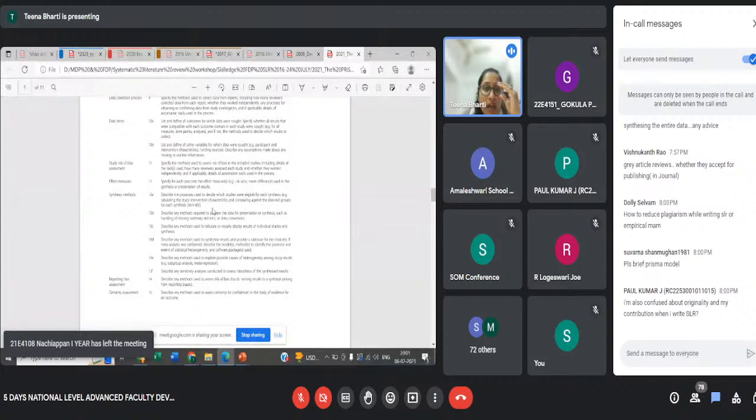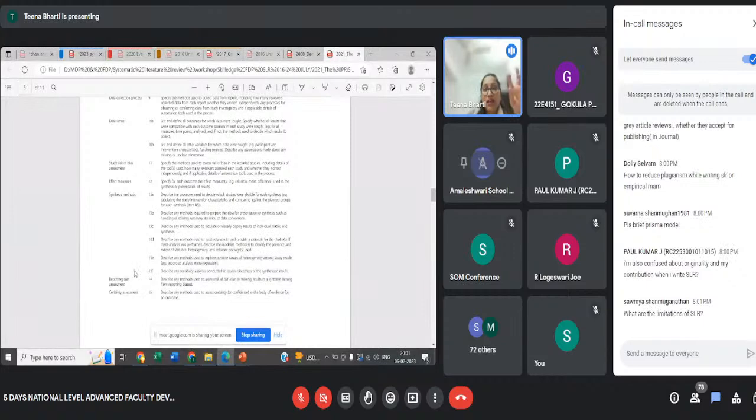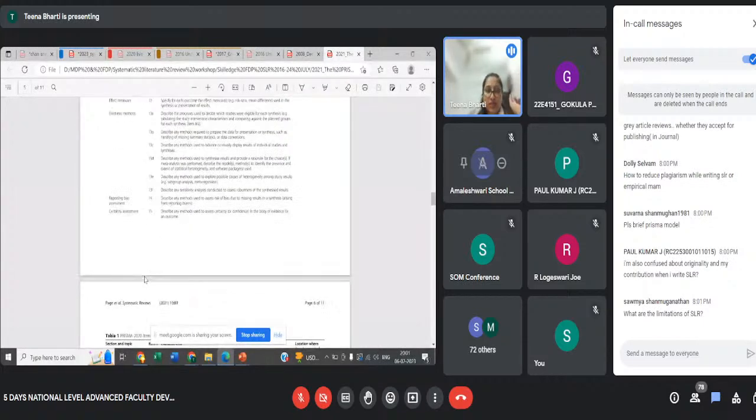If any data was missing, how they resolved that issue, and if there was any method bias, how they handled it. All those things have to be mentioned in the synthesis method itself.